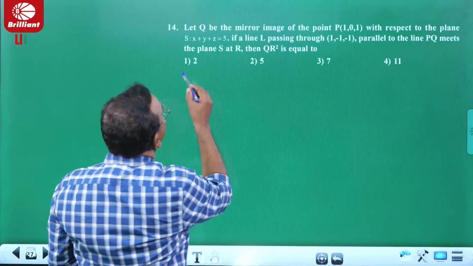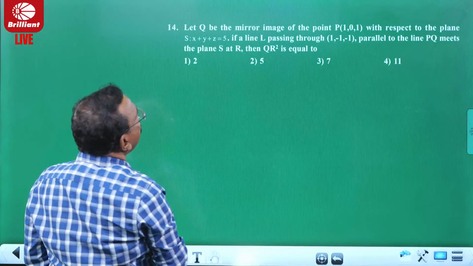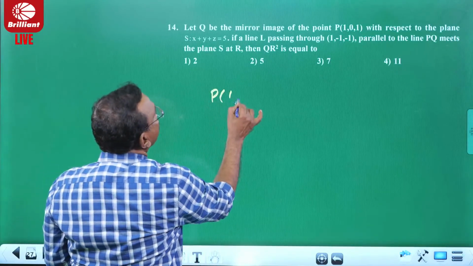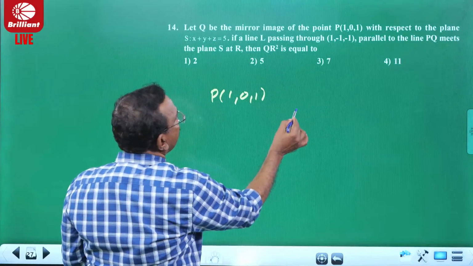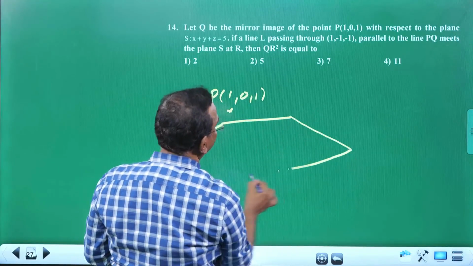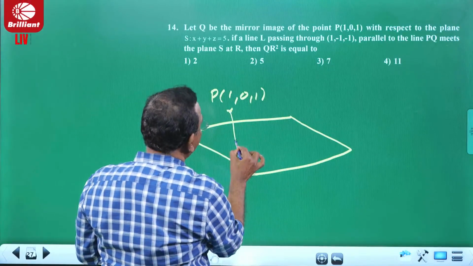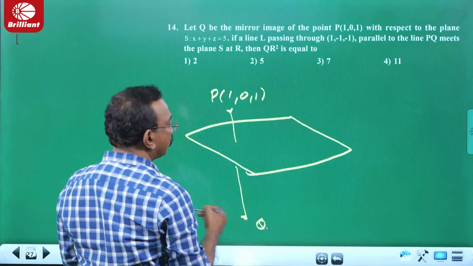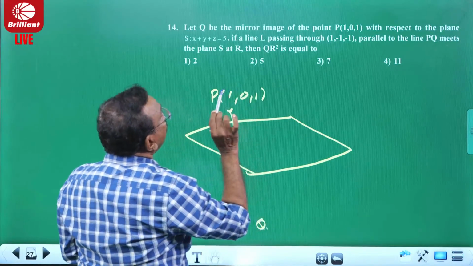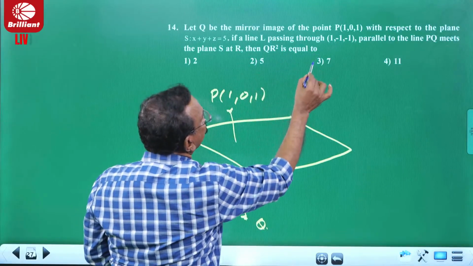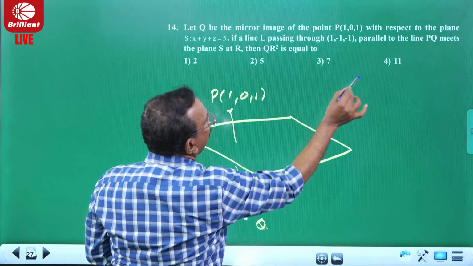Okay. Now you come to the next problem. Next question is this one. Let Q be the mirror image of the point P (1, 0, 1) to that plane. Here we can draw a plane, and if it is the point, I put this as our mirror point Q. This is Q. And a line L passes through (1, minus 1, minus 1) and is parallel to PQ.